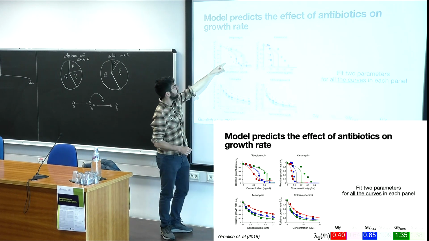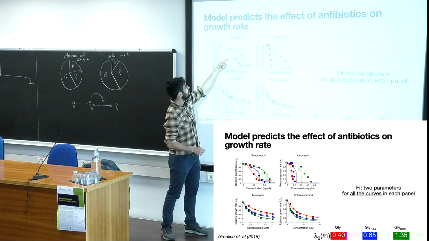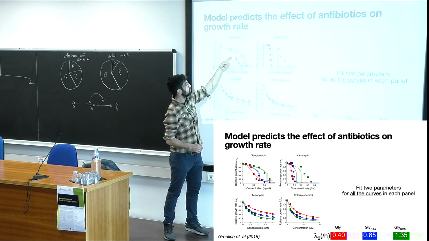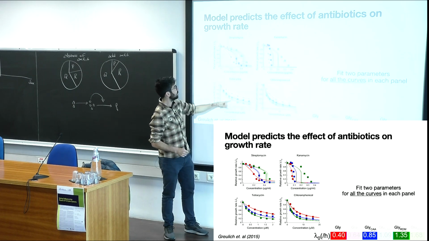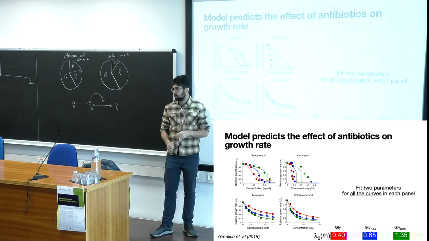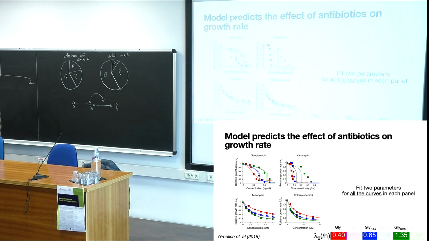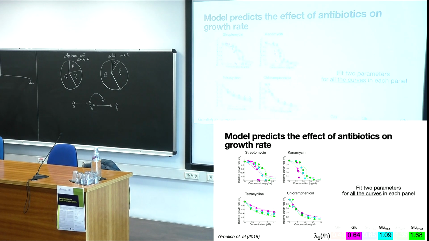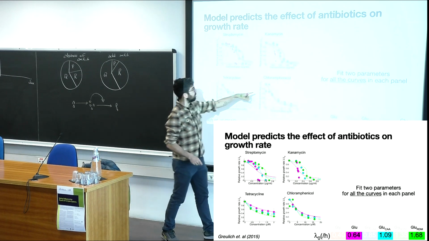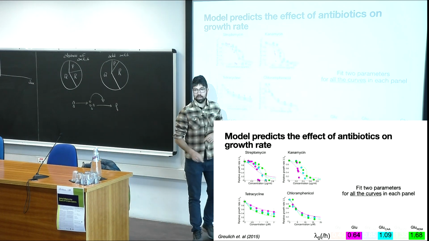You already see that, for instance, in this case, you can see that this goes up. In this case, you can see that this goes up as you increase the movement. Okay? Then you can repeat that for the glucose condition, and it also more or less works well, where you have the different conditions, okay, and different parameters.